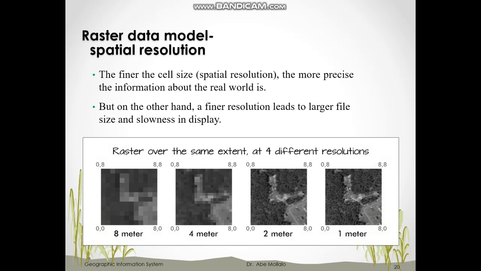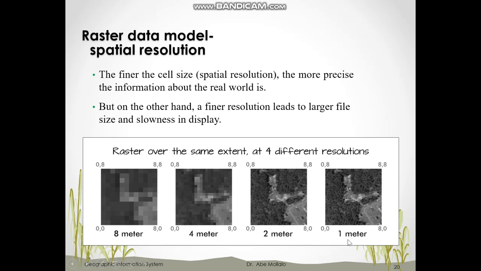There is an important parameter for the raster data model, which is called spatial resolution, also known as cell size of the raster data. The finer the cell size, the more precise the representation of the real world. Here you can see a transition of the cell size from a large cell size of 8 meters to a small cell size of 1 meter.